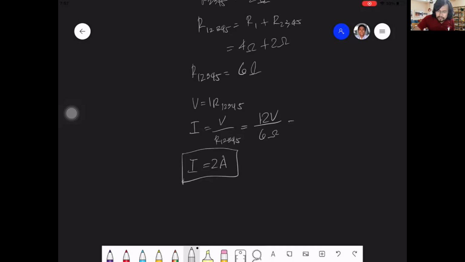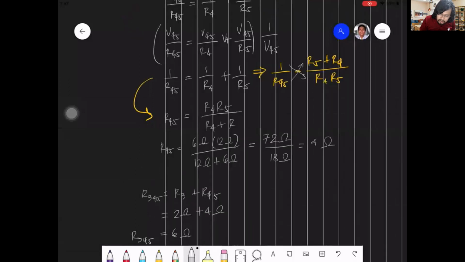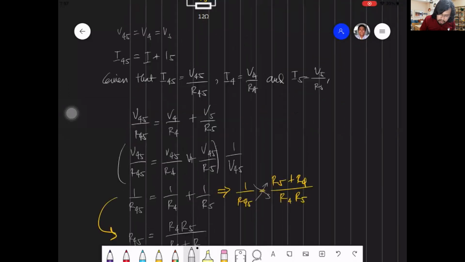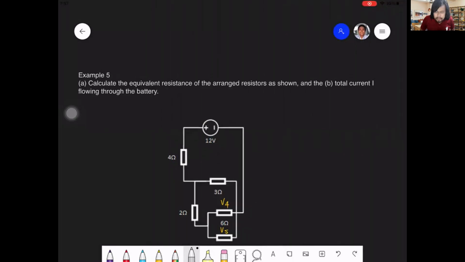All right, so we've tackled the problems involving various circuit elements in our electrical circuits. The total current flowing through the battery is 2 amperes.